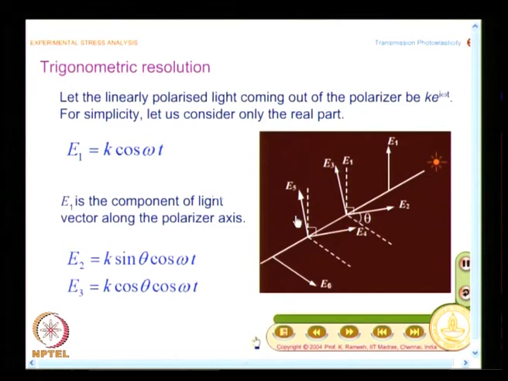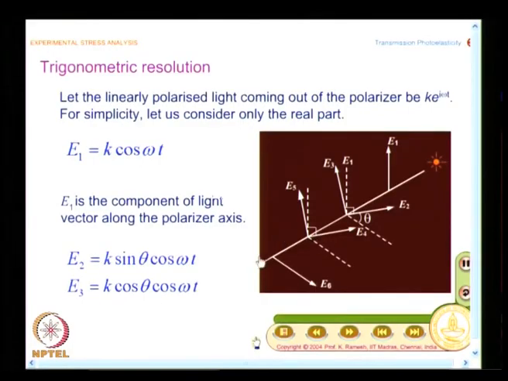And how do you write E4 and E5? These are the axes at the exit of the model. Within the model, the light has acquired a relative retardation. Suppose I say the retardation is delta, I can say there is no retardation along direction 4 and full retardation in direction 5. I can also put 0 and delta, or I can put minus delta by 2 and plus delta by 2.